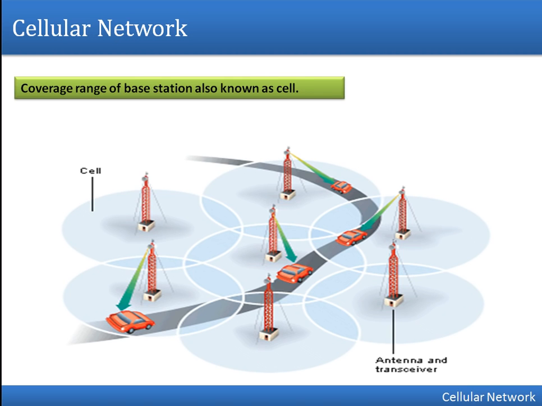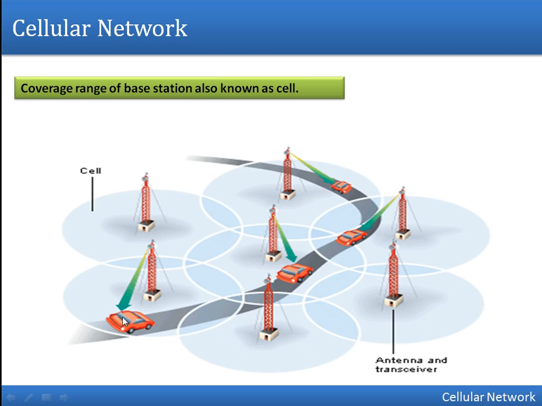This we have already discussed: the coverage range of a base station is also known as a cell. Now when we have multiple base stations, as you can see in this example, and our user is mobile, a user is talking while he is driving a car. At some point of time, that user is connected to this base station, then here to this base station, then here to this base station.